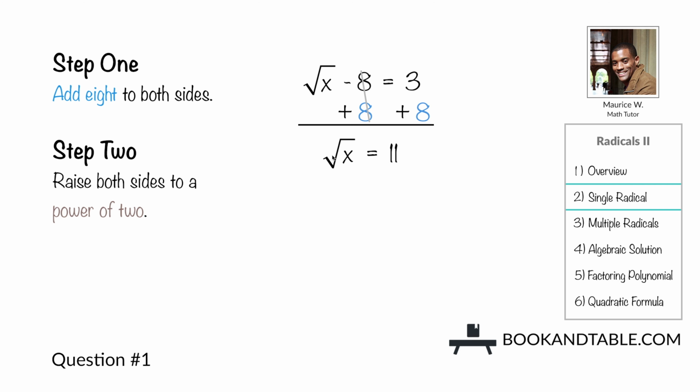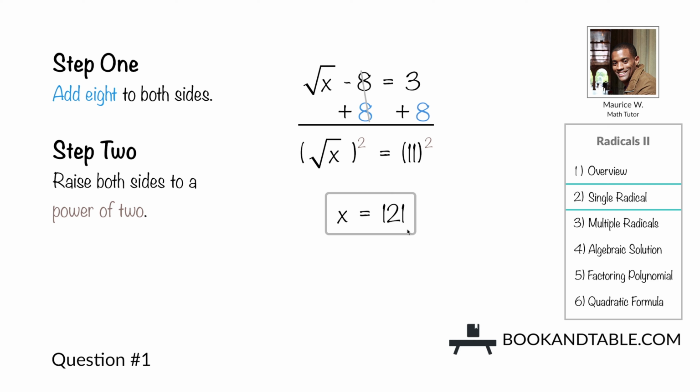Since our index is 2, when we raise both sides to a power of 2, that negates that radical sign, leaving you with just x on the left side. 11 squared would be equal to 121. So once you remove the radical sign from this equation, you're left with x is equal to 121.